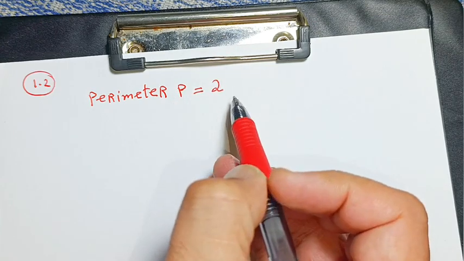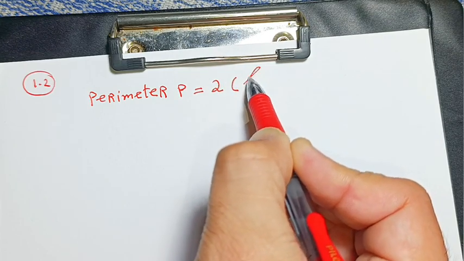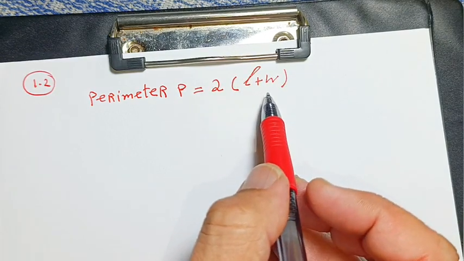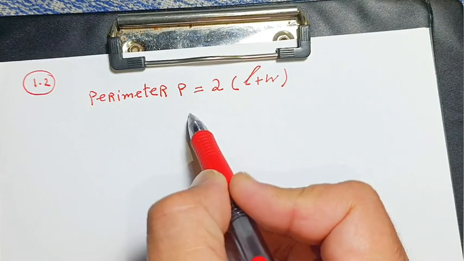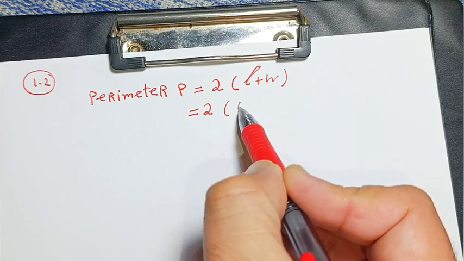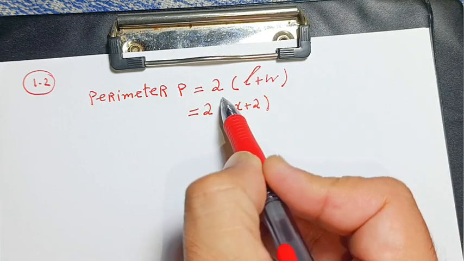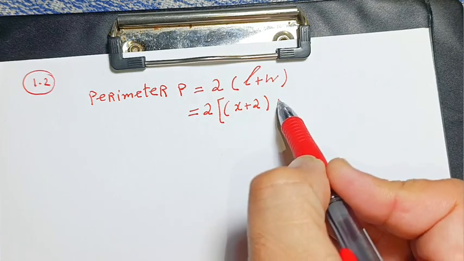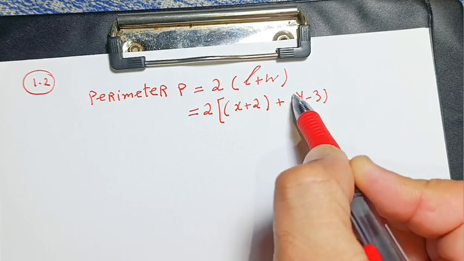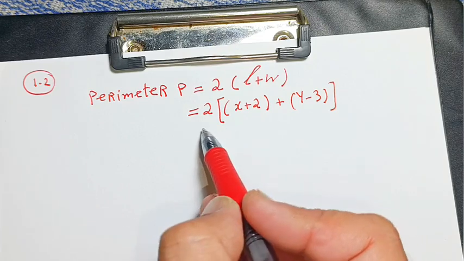The formula of perimeter for a rectangle is 2 times length plus width. So we have 2, length we have x plus 2, big bracket, plus width we have y minus 3, close bracket.